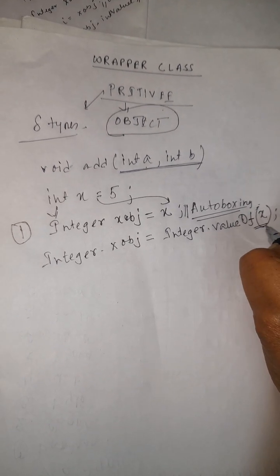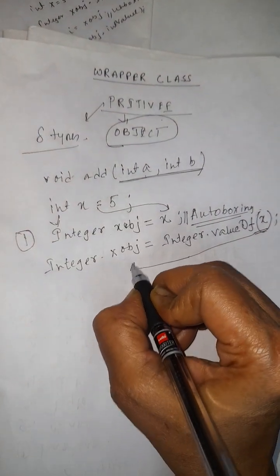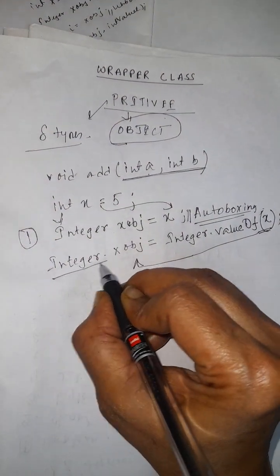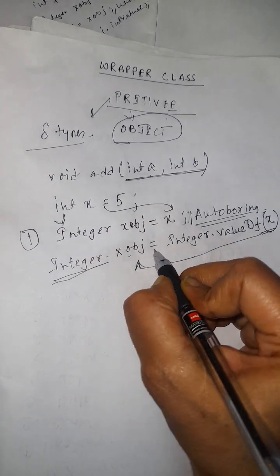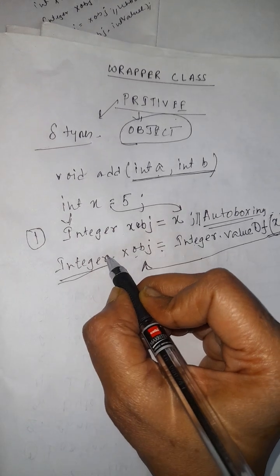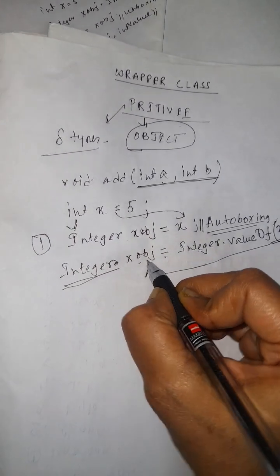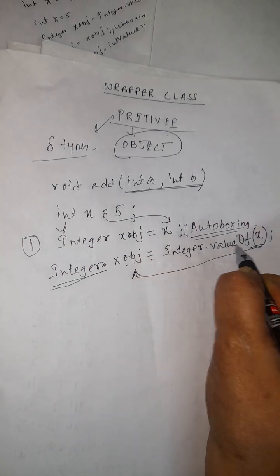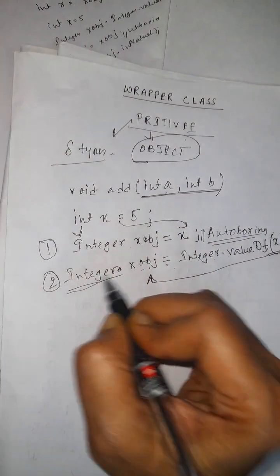If you want to convert the primitive data type to the object of the Integer wrapper class, then Integer xobj equal to Integer dot valueOf(x). This is also one more procedure to convert.